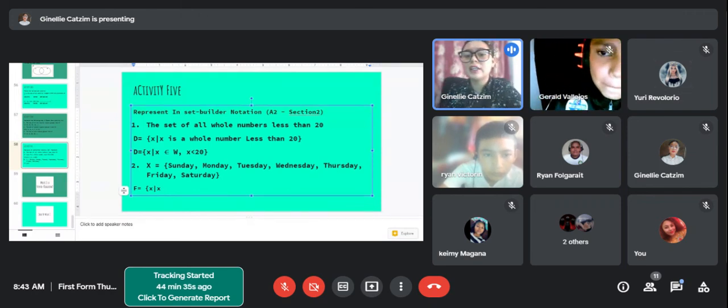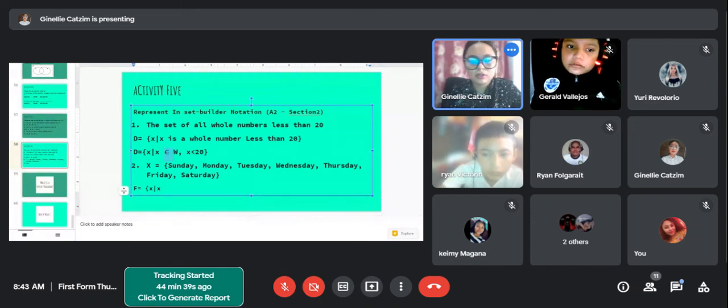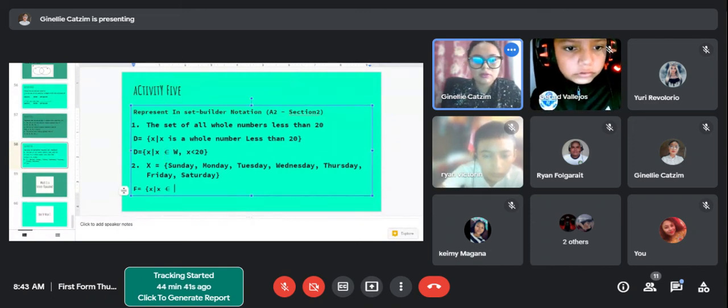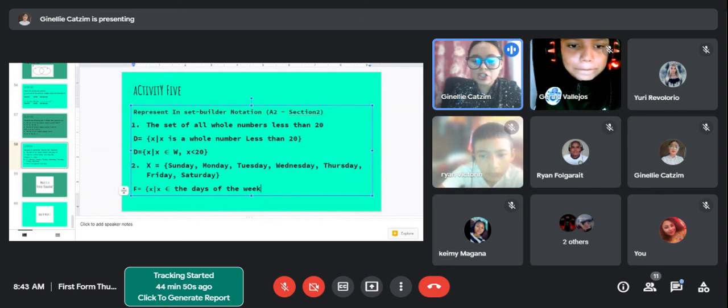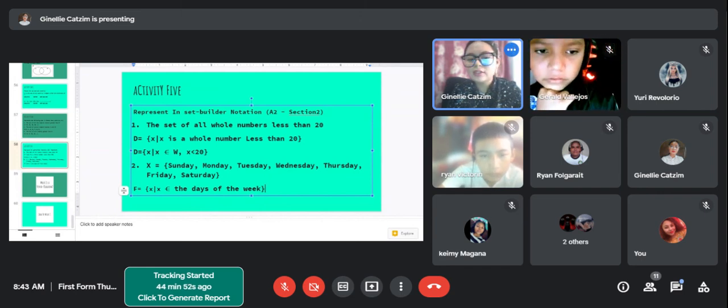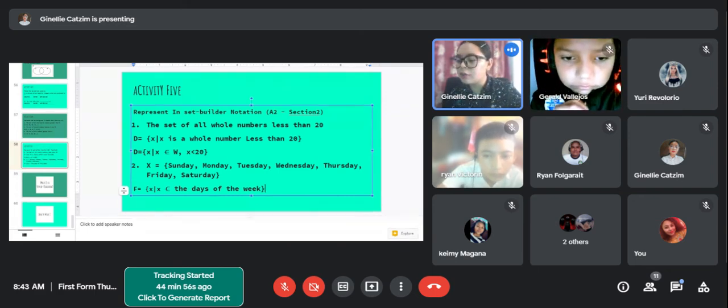If we put it in this form, X is an element of the days of the week, right? Or we could simply put X on the vertical bar, X is the days of the week.